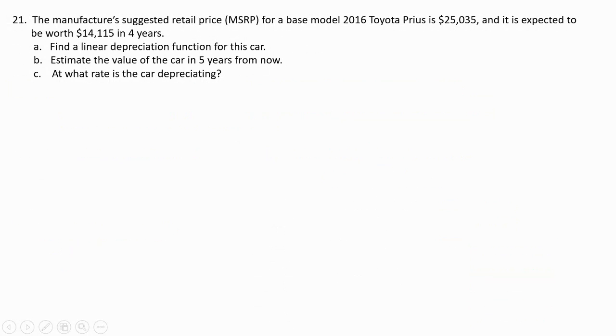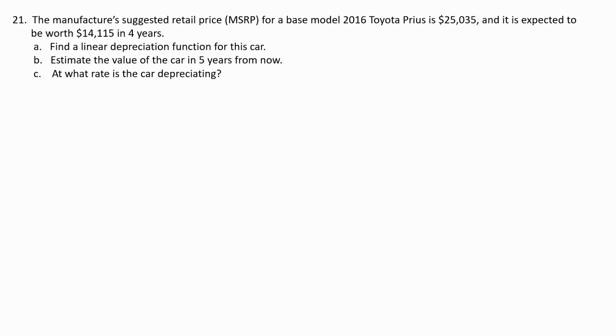Okay, now, how do we apply what we just learned in an applications problem, like a word problem? We can do it in number 21 here. It says the manufacturer's suggested retail price, which is called the MSRP, for a base model 2016 Toyota Prius is worth $25,035.